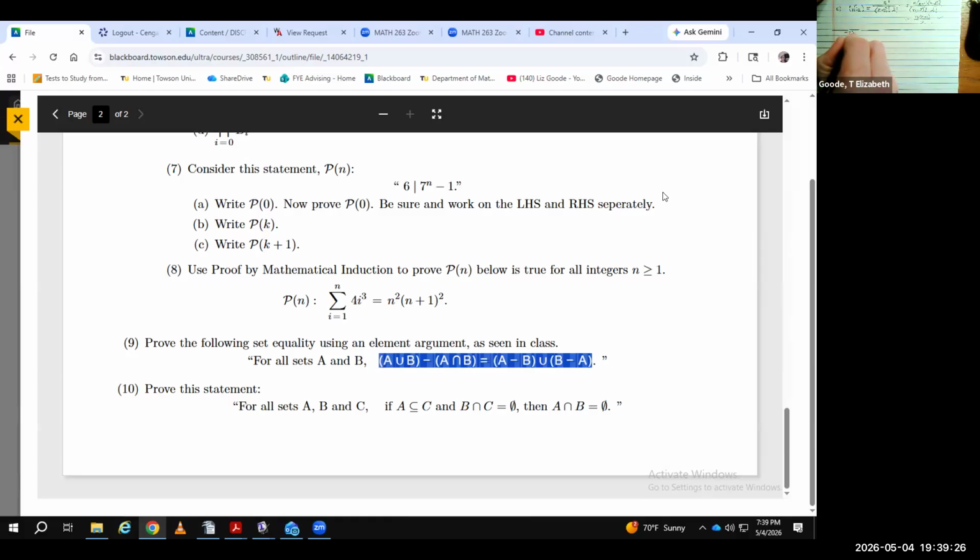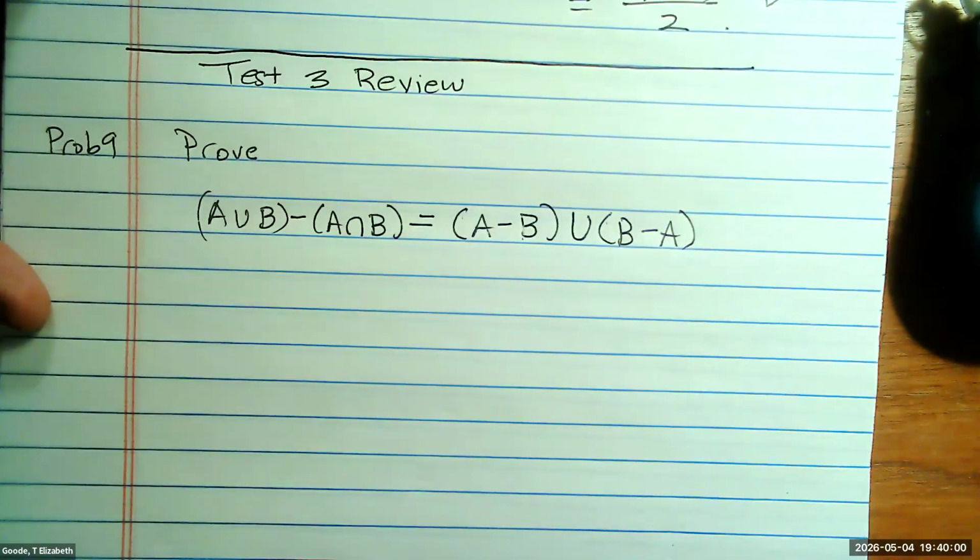Okay, so I'm just going to write a few things and then I'll be able to close the window down. So problem 9, we're going to prove that (A union B) minus (A intersect B) equals (A minus B) union (B minus A). Now, there's 2 things to prove.